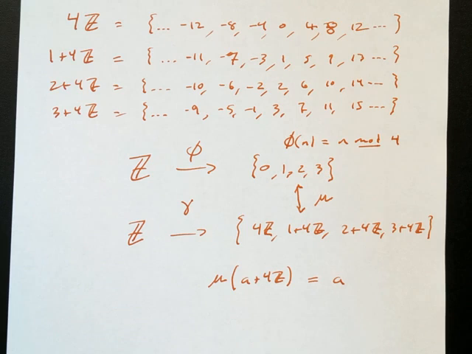I picked 4 out of thin air because we did 4 in discrete. Otherwise, I wouldn't have used it. I would have used whatever number we'd used there. But I remember this example now. Drilled it into my head for 20 years teaching discrete at different times, so I keep using the same number.